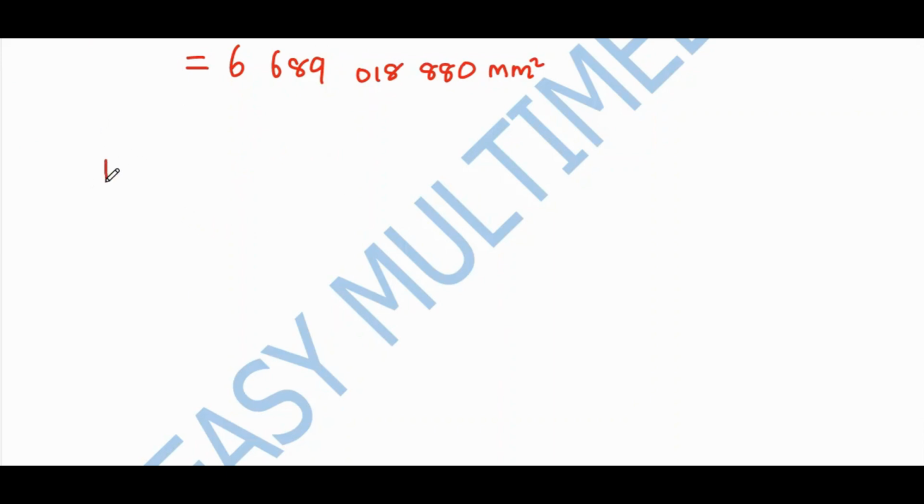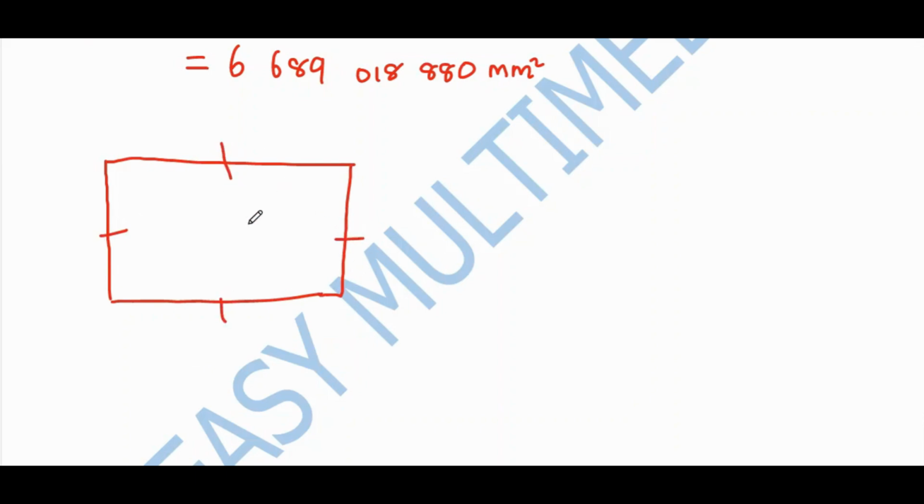Now I have a square here as we did in the third question. This seems like a rectangle, but let's assume it's a square and all sides are equal. Now, this side length is 1 meter. But we can have 1 meter converted into millimeters by introducing a prefix here.